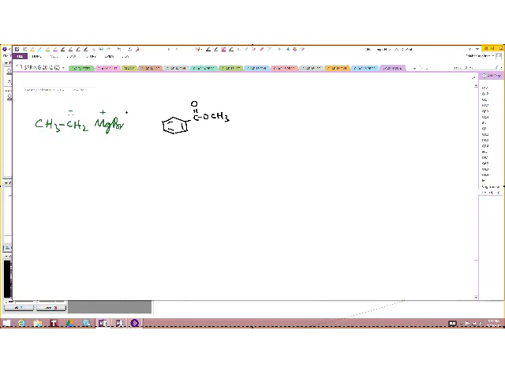The Grignard comes here, attacks the carbonyl of the ester, the pi electron goes to oxygen, and then you have this. And let us change the color here.